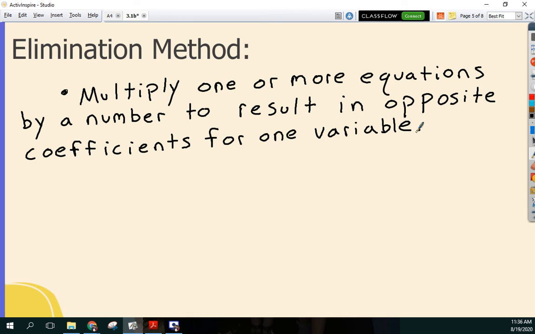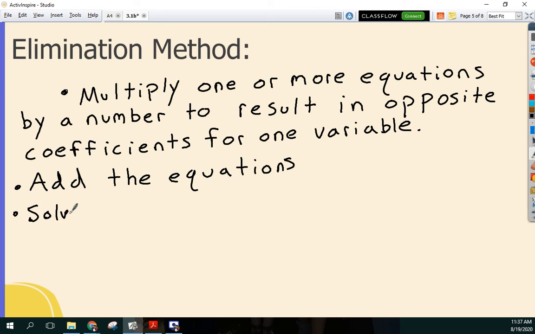So next, once we do that, we want to add the equations. Then we're going to solve for the remaining variable.